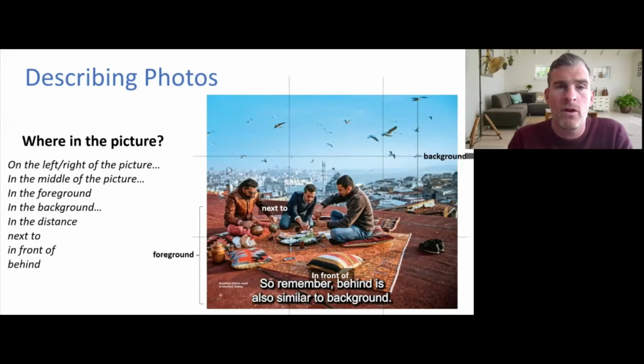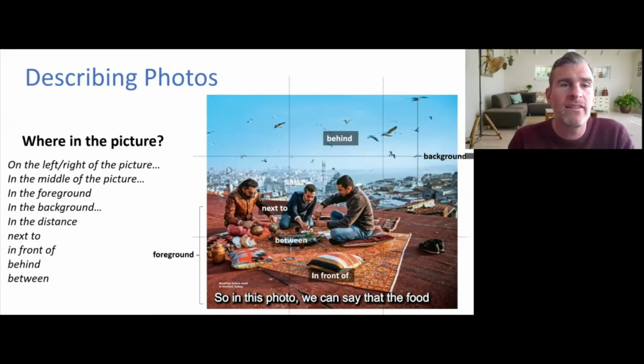Behind. So remember, behind is also similar to background. What is behind them? So in this photo, we can say the seagulls are behind them, or the city is behind them. And one more useful preposition is between. So in this photo, we can say that the food is between the different people.